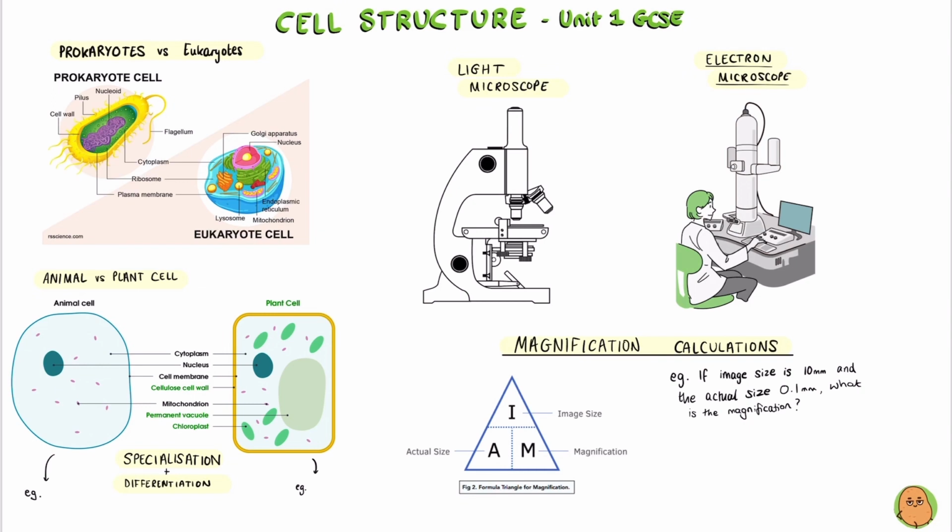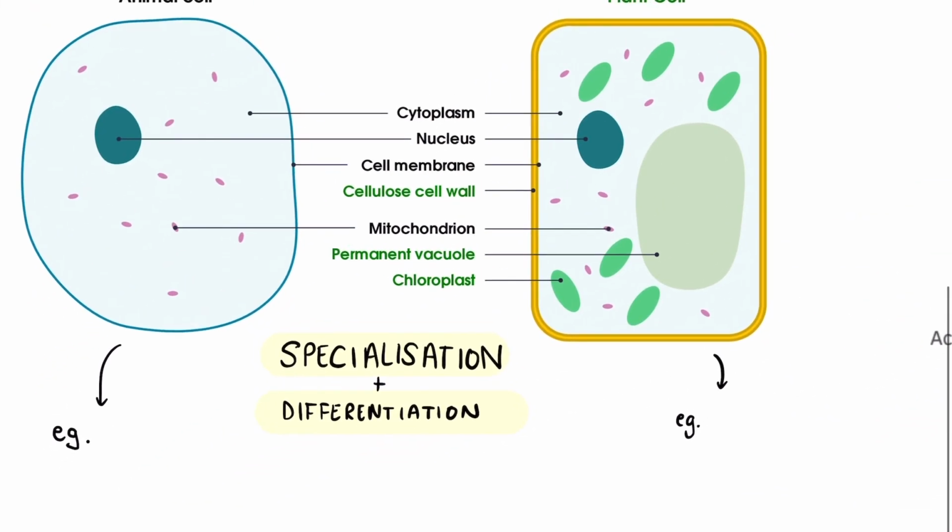Okay, let's talk a little bit about specialization and differentiation. So, cells can be specialized. Animal cells, for example, can become specialized animal cells, such as sperm cells, nerve cells, or muscle cells.